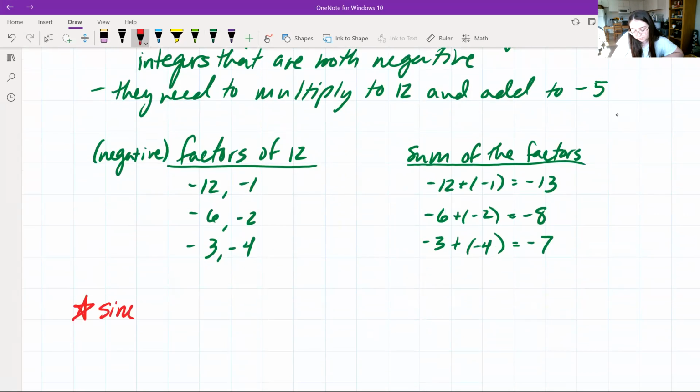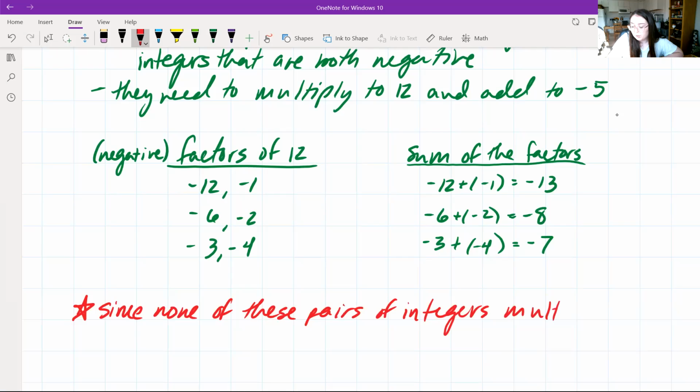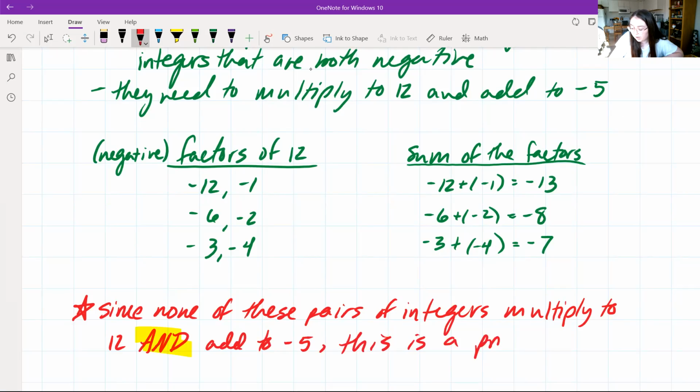So since none of these pairs of integers multiply to 12 and add to negative 5, and we're looking for this keyword here, let me highlight that word, this is a prime polynomial.